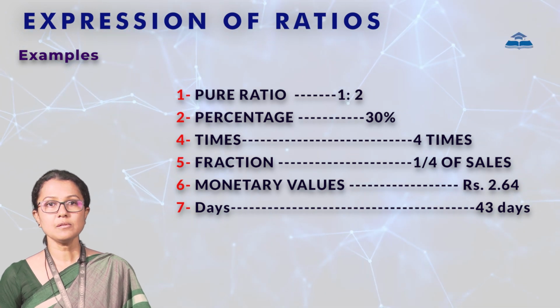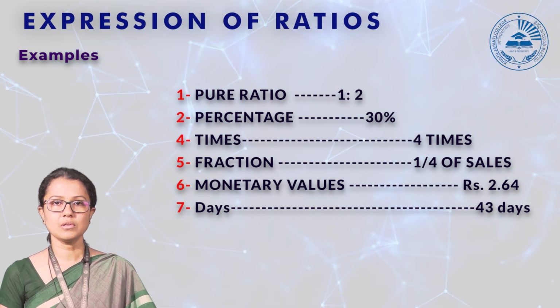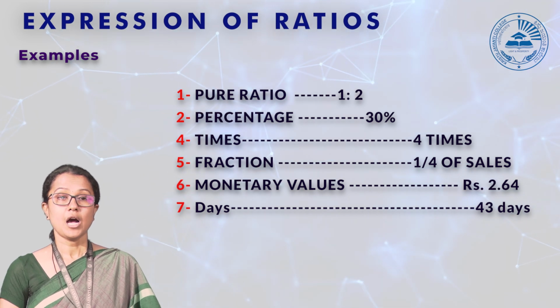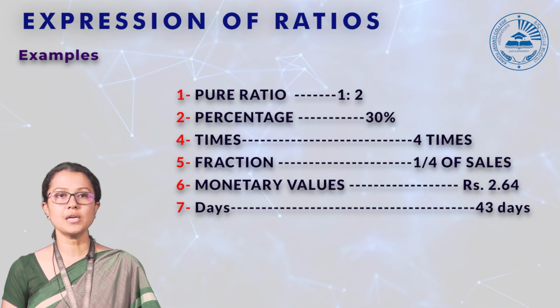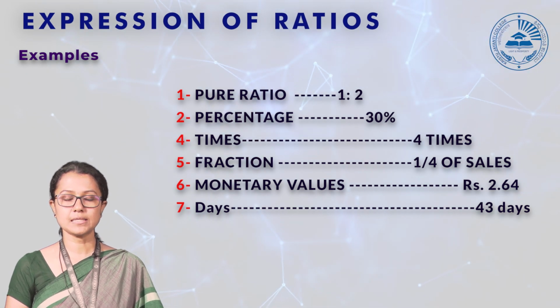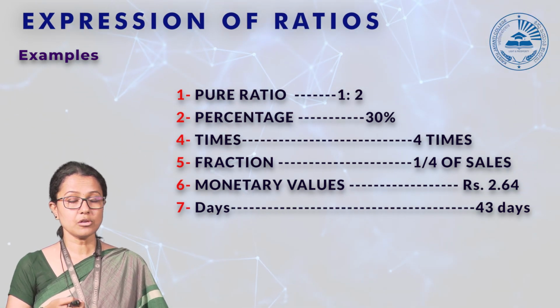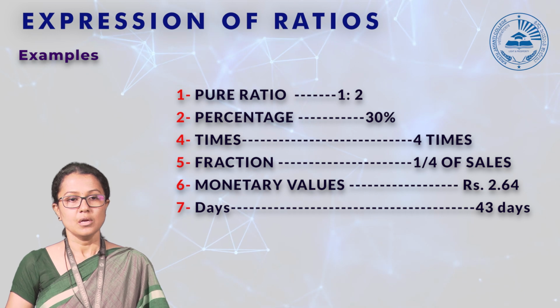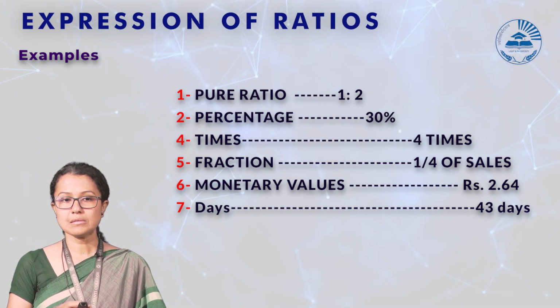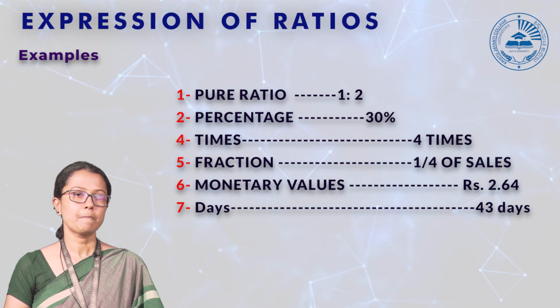Some answers will give you 43 days, 90 days, 60 days, like that. That means, say for example, how many days it takes you to collect the money from your customer, or how many days your supplier has given to settle your trade amount. So these ratios will be expressed in terms of days.